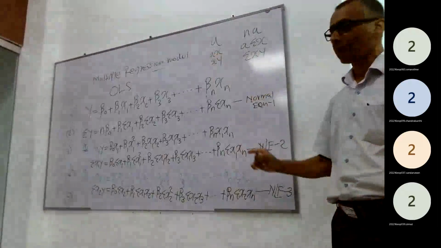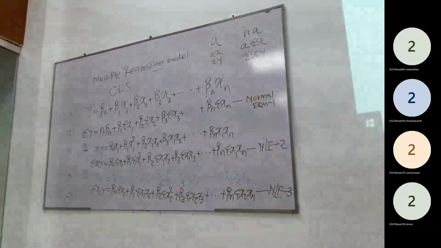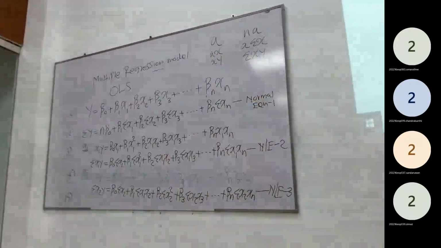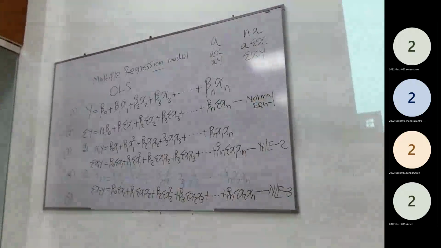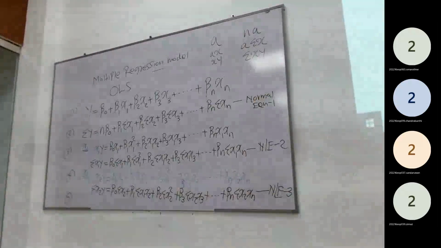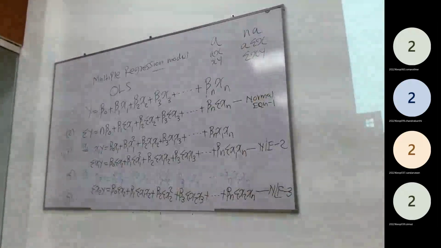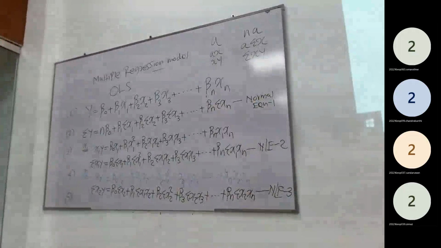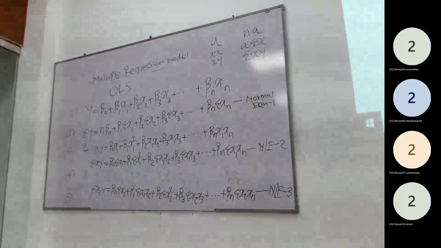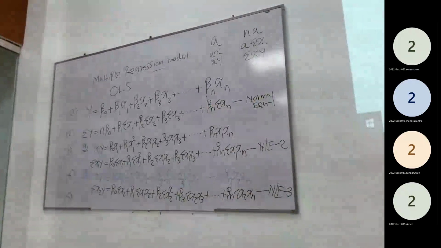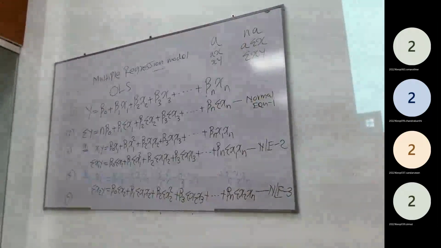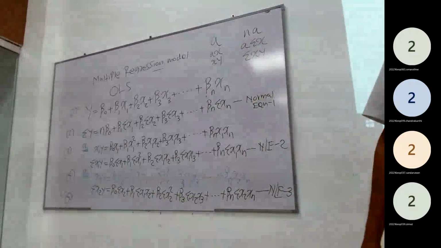Simultaneous equations. Right. Next step, we write down: take necessary data for normal equations from the data set. Then they will become simultaneous equations.